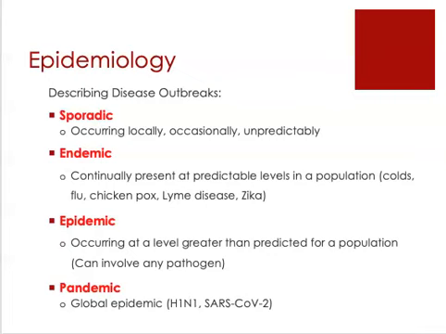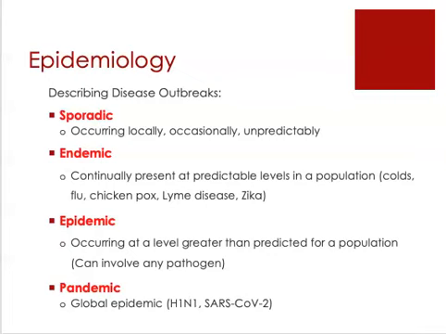In order to discuss epidemiology, we have to become familiar with some of its terminology, including terms that are used to describe the prevalence of pathogens and the occurrence of infectious disease outbreaks.